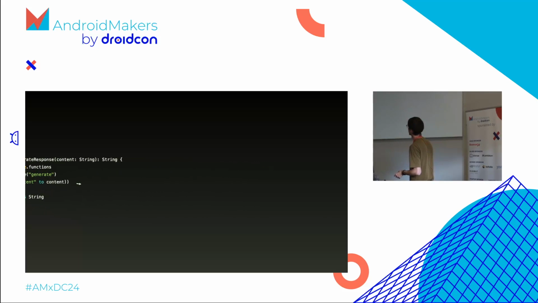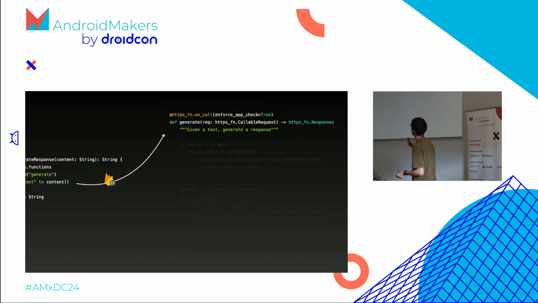Then this will call our function on Firebase Functions, and AppCheck here will be activated and will reject the request if it's not a valid device, if it's not a valid user, and so on. Although note that you have to explicitly say it on the function itself on Firebase.